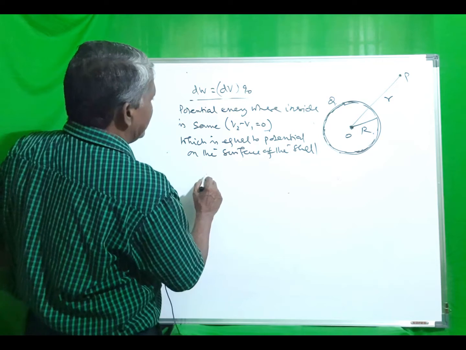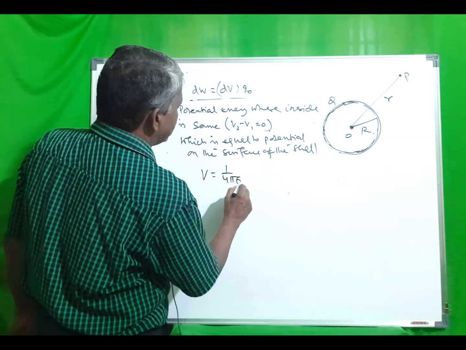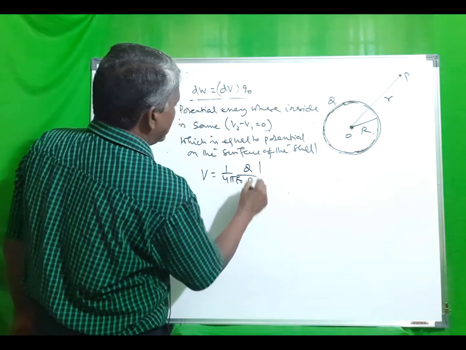So potential anywhere inside is 1 by 4 pi epsilon 0 Q by R.